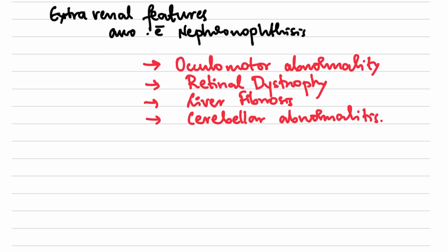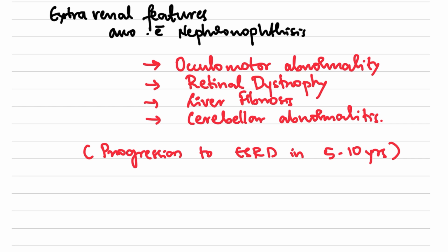The progression to end stage renal disease will be in 5 to 10 years. So this is all about nephronophthisis.